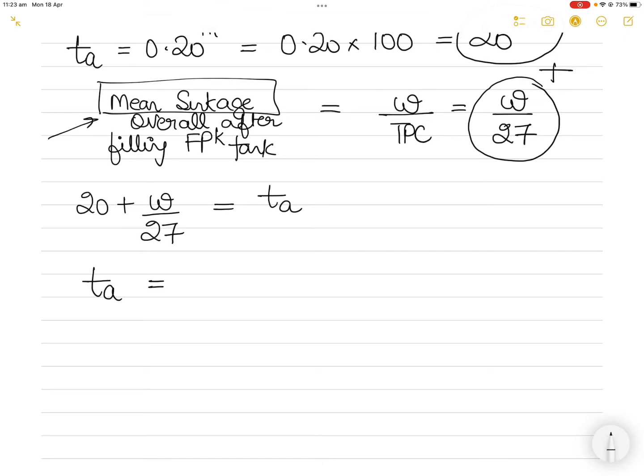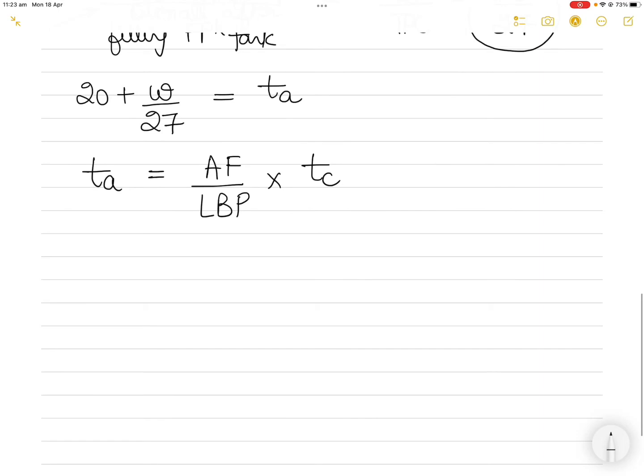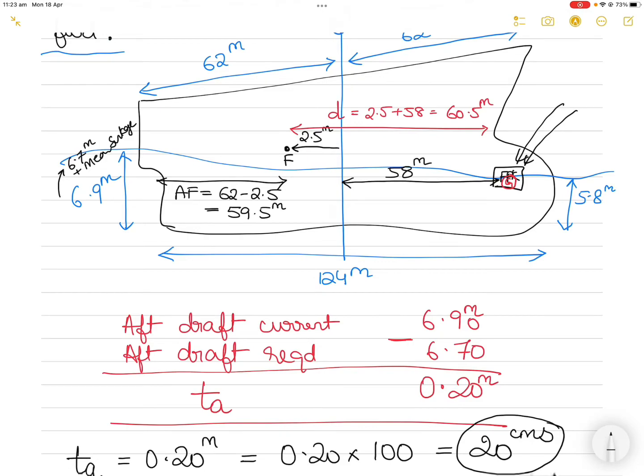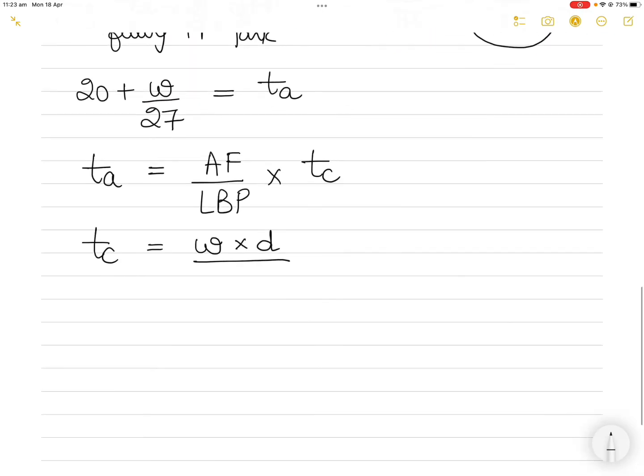Now the change in the trim aft also equals the formula AF, that is from the center of flotation to the aft perpendicular, divided by LBP, multiplied by the overall change in trim. But the overall change in trim is written as W, that is the weight loaded, multiplied by the distance D that I've already explained to you, this distance 60.5 meters, divided by MCTC.